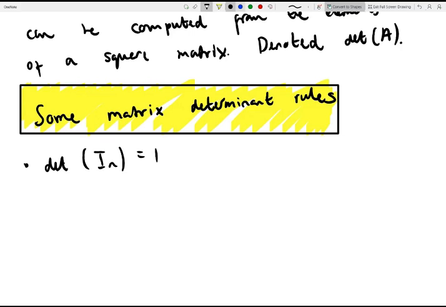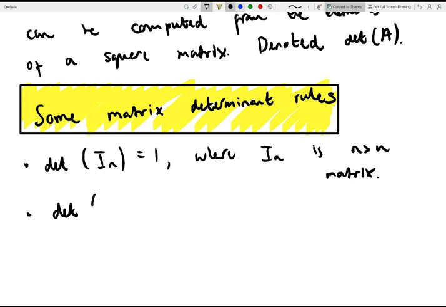Remember, the identity is the matrix with 1s across the diagonal and 0s everywhere else. And we write I_n just meaning the n by n identity.